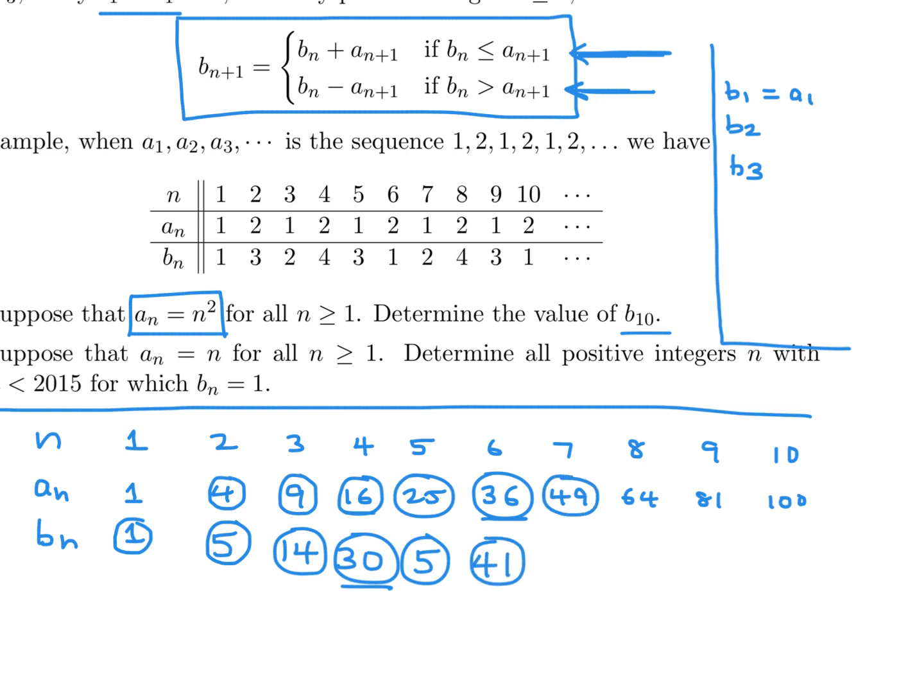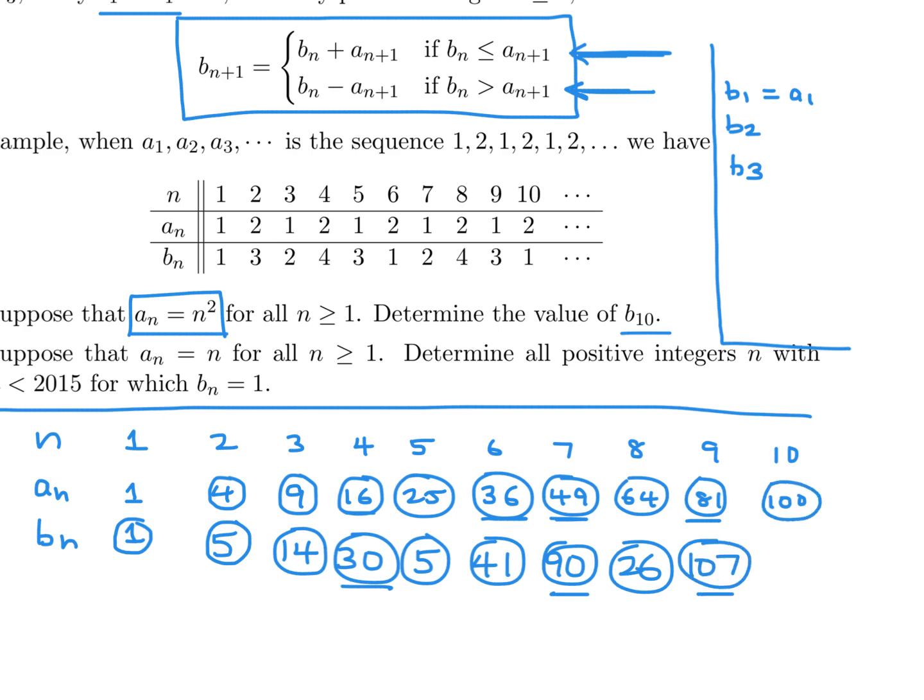This one and this one is bigger, so you add them, 90. This one and this one is bigger this time, so you subtract them: 90 minus 64, 26. This one and this is bigger, so you add them, 107. And then finally that one and that one are compared, and that's bigger, so you subtract them to get 7. And 7 is b10. And that is the answer to this question.